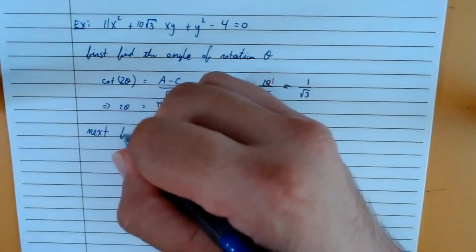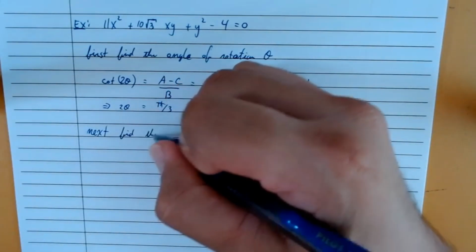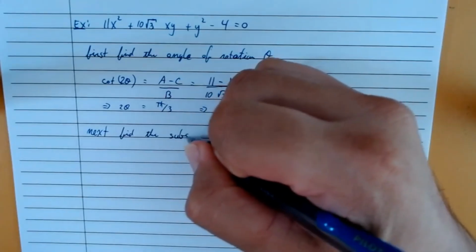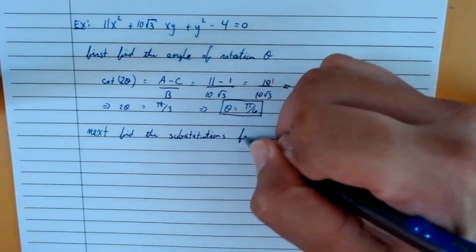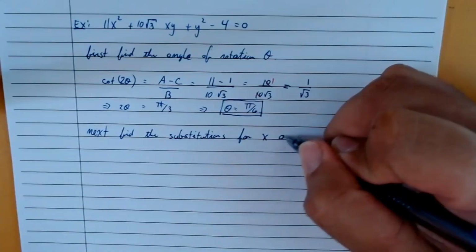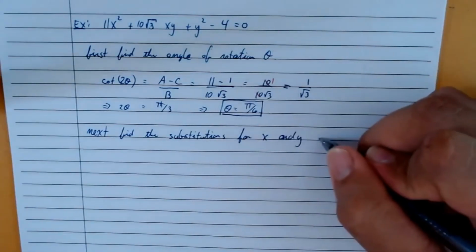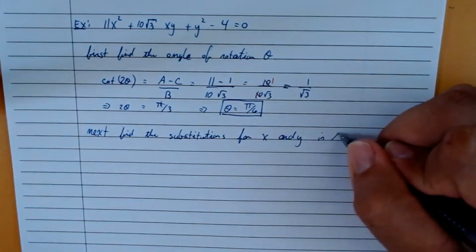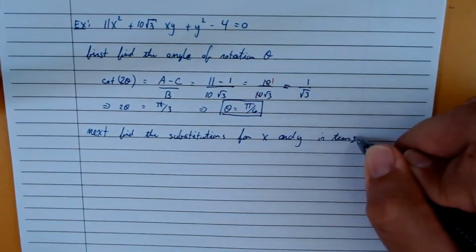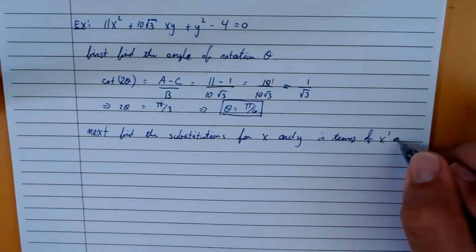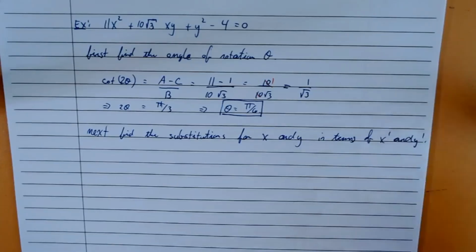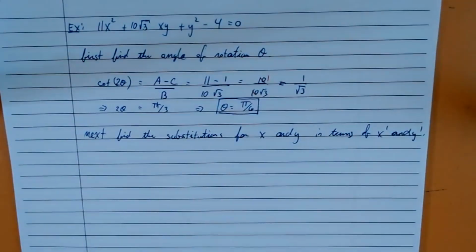So next, find the substitutions for x and y in terms of x prime and y prime. Okay. Go ahead and pause the video, give yourself the time that you need, and once you're done, go ahead and unpause and we'll go through that together.